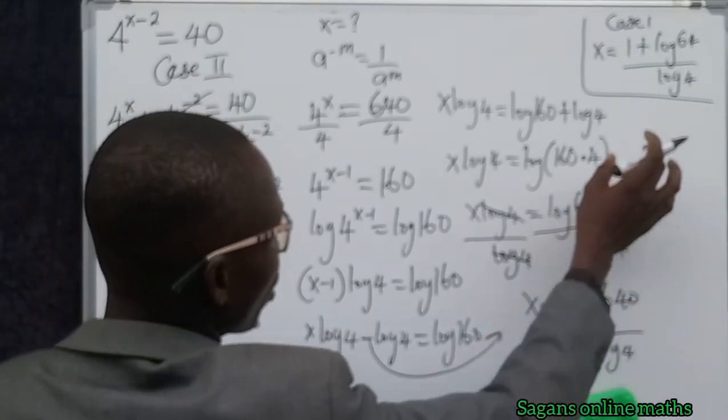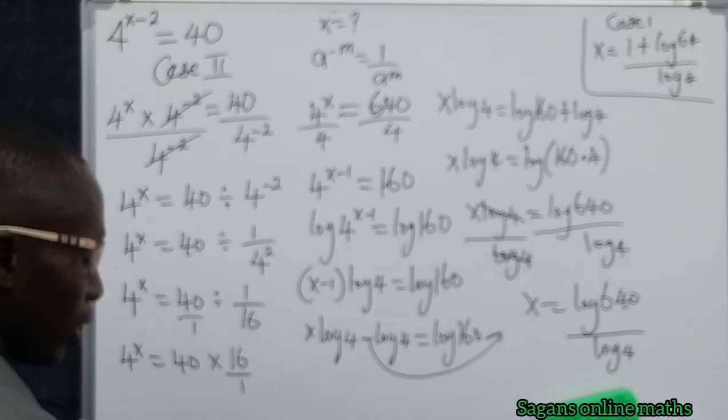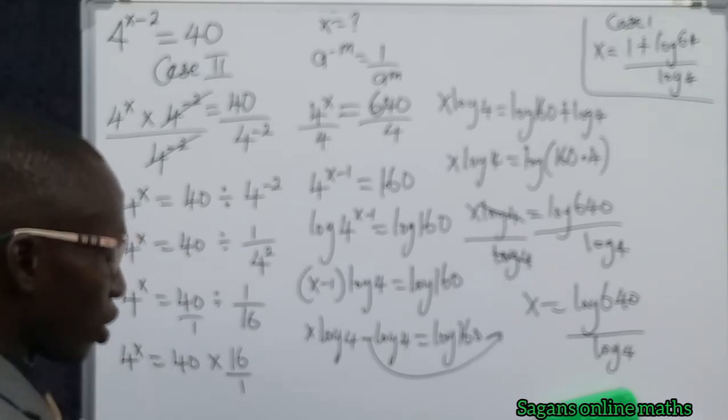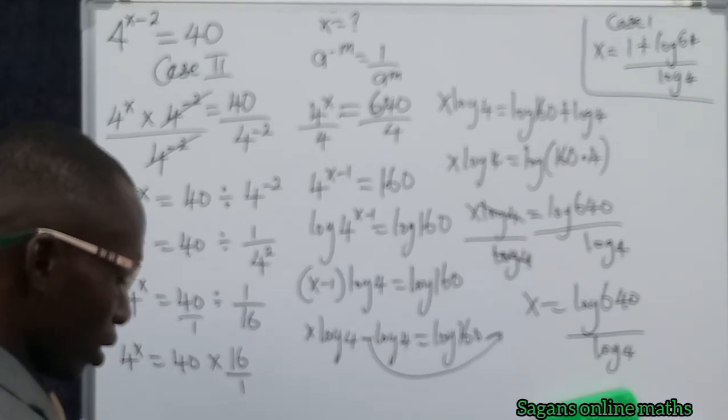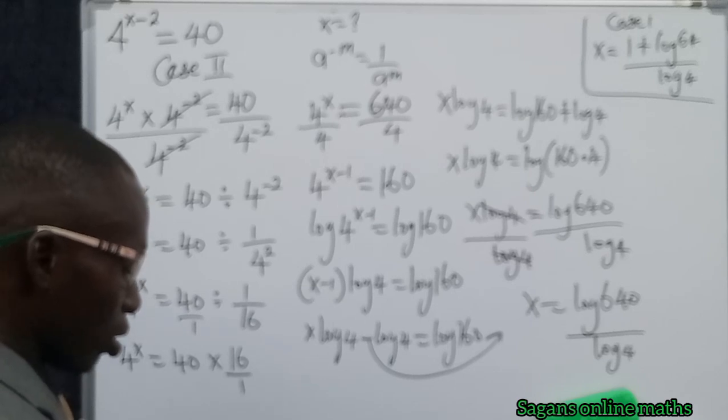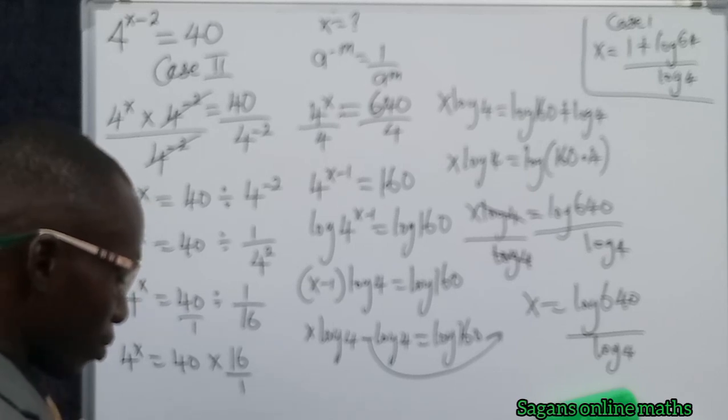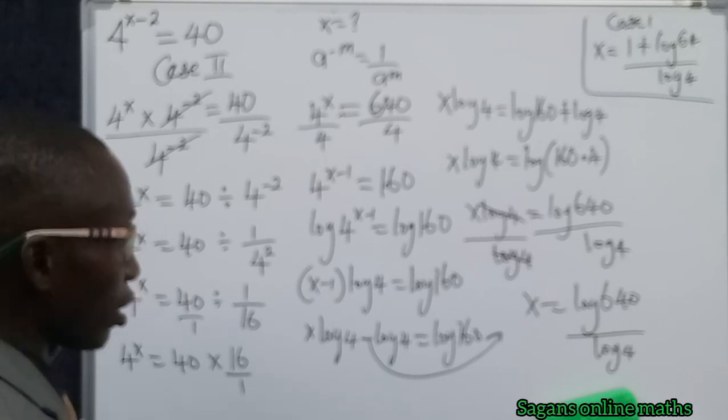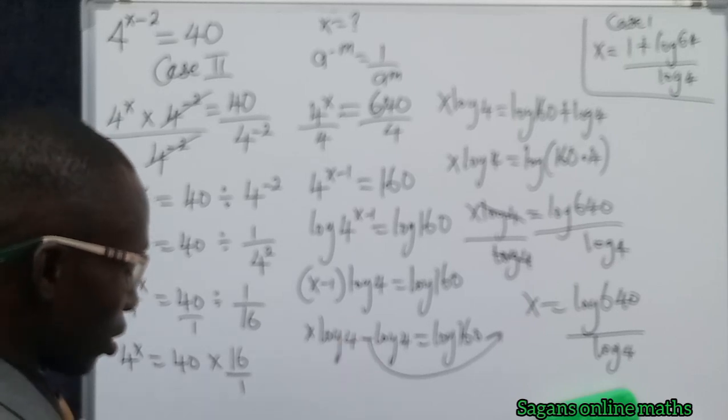If you do this and do this, you're going to have exactly the answer. Okay, let's see. Log 640 divided by log 4 gives 4.66.